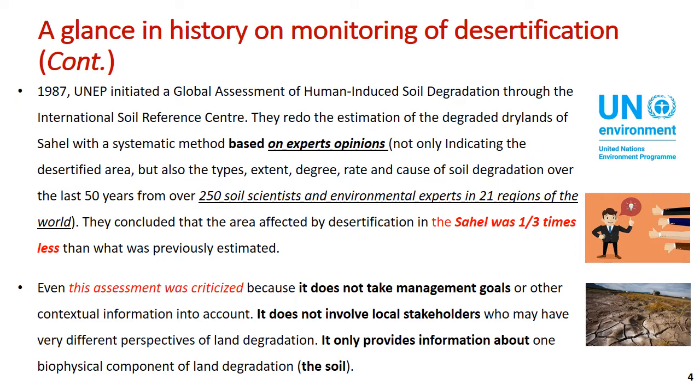What exactly are the causes of the land degradation over there, and at what rate, and so on. So at the end of the day, they concluded that the previous estimate, which was 3,970 million hectares, was overestimated. It means that the real size of the desertified area is about 3 times less than the previous estimate.